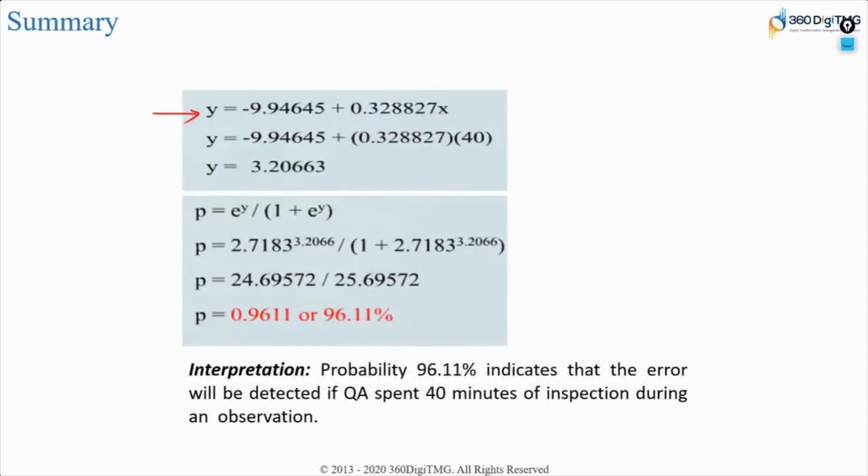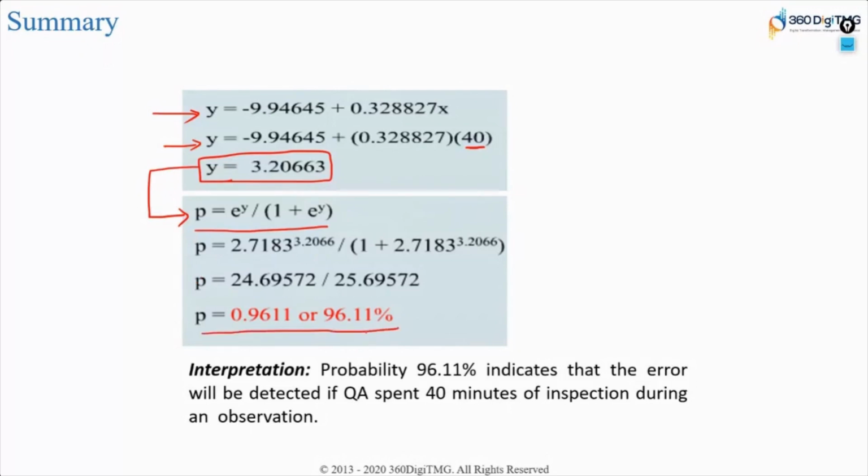Say now inspection time is 40 minutes. If an error exists, what is the probability that we would detect it? For that, you first solve this and get the value of y. Once you get the value of y, substitute it in this equation: probability is equal to e raised to the power y by 1 plus e raised to the power y.